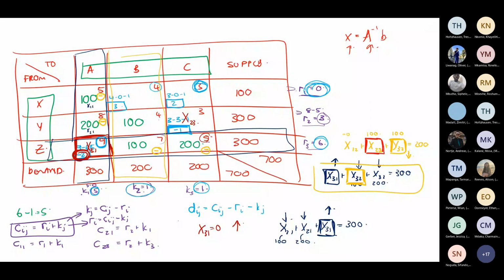And we only look at the ones with non-empty values, the positive values, because we're trying to keep it at the extreme point. We're not trying to have it in the boundary, on the inequality side. So we have this one to play with, but not this one, because that one has a value to play around with. So to keep this equal to 200, we have to increase this x22.